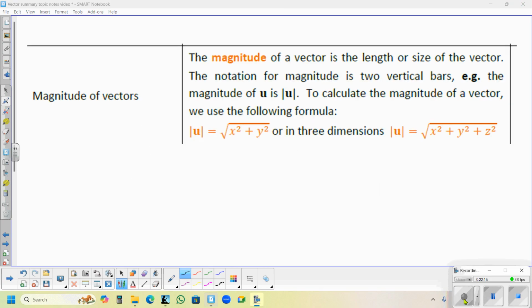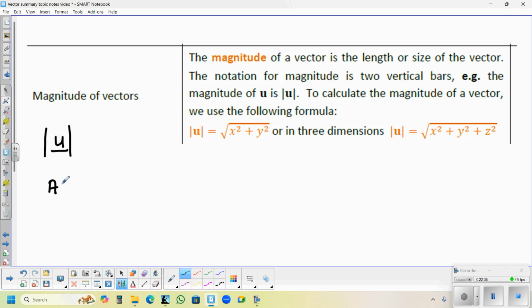Next thing you've got to learn is the magnitude of a vector, and that's just the size of the vector, how big it is. And it's basically just like Pythagoras on its side. You've got to know what the symbol is for magnitude, and it's 2 parallel lines around the letter. So the magnitude of vector U is that.